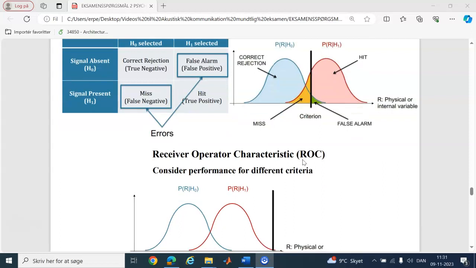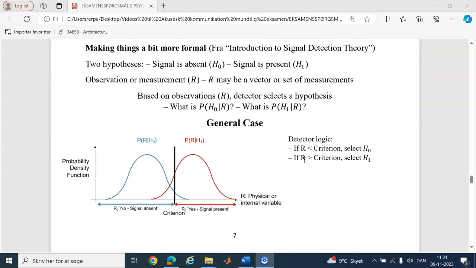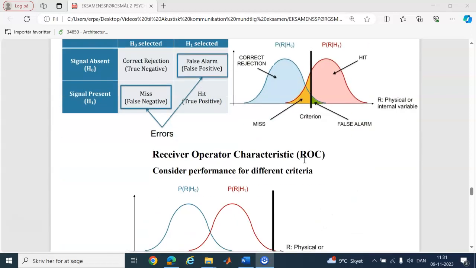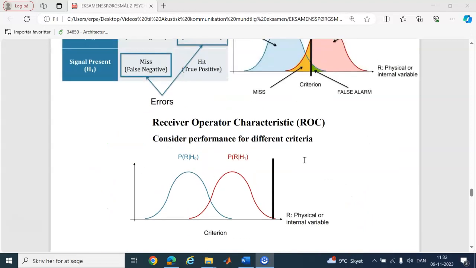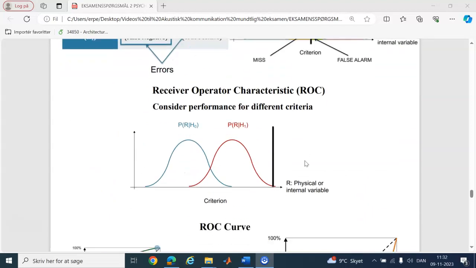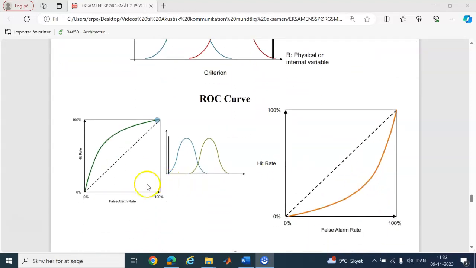Now we get the receiver operator characteristic. Consider performance for different criteria. It's the so-called ROC, receiver operator characteristic. We get the false alarm rate on the first axis and the hit rate on the second.